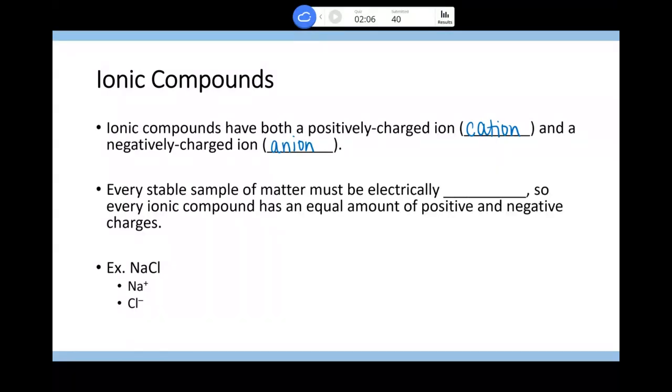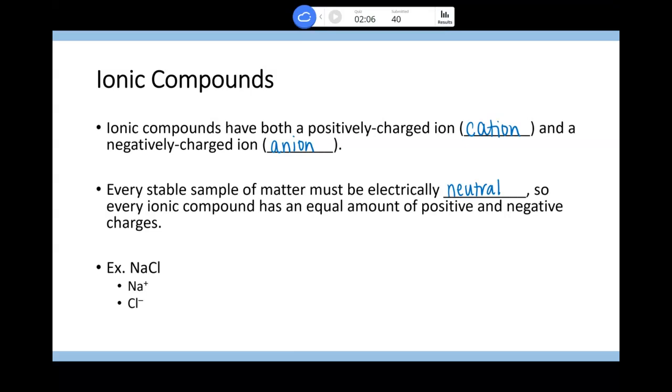When we form ionic compounds, the charges have to cancel each other out, the positive and the negative, so that the compound is electrically neutral. So every ionic compound has an equal amount of positive charges and negative charges.